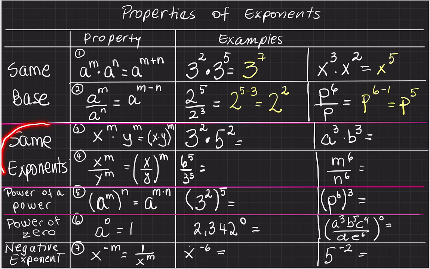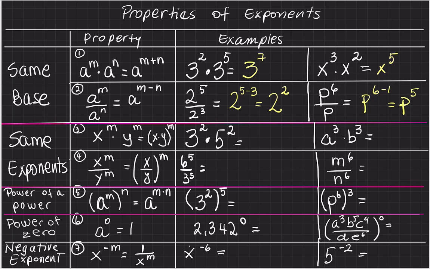This time the following two properties are for when exponents are the same. Again, we're going to have a property for multiplication and one for division. For the multiplication, bases are not the same here, but exponents are the same. When that happens, you're going to keep what is the same, which is the exponent, and since it's multiplication, you're just going to multiply those bases.